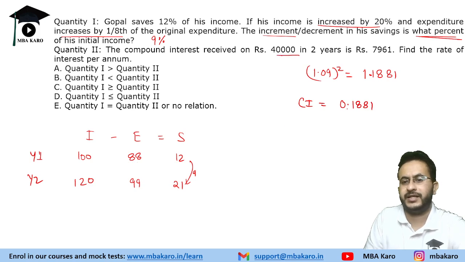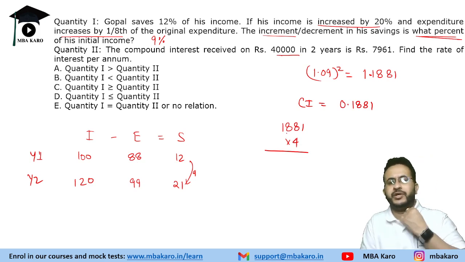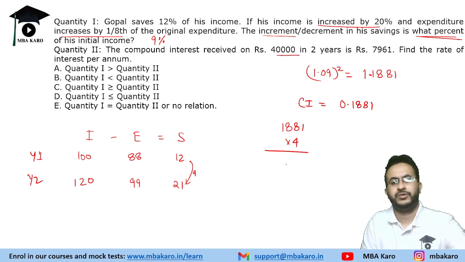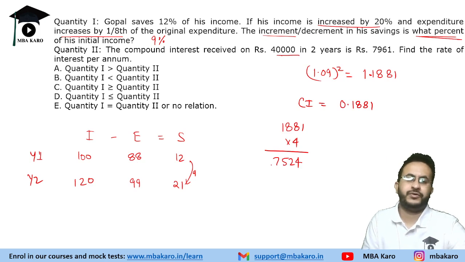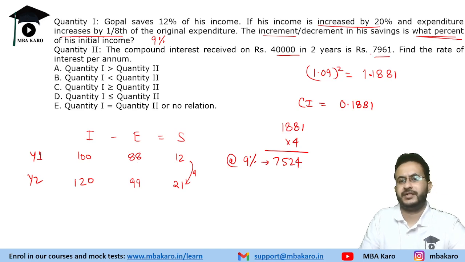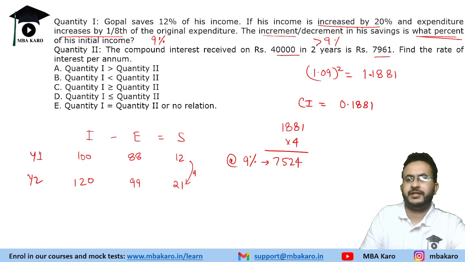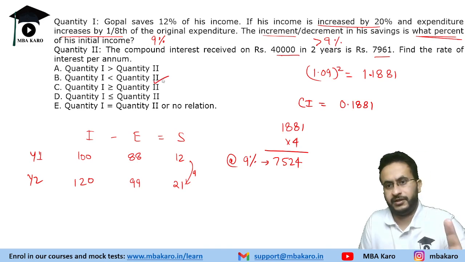So 4 zeros will cancel, so the compound interest will be 0.1881 into 4. So this is 324 plus 72, 7524. So at 9%, the compound interest will be this, but the given one is higher. So the rate is greater than 9%. Okay, so quantity 2 is greater than quantity 1.